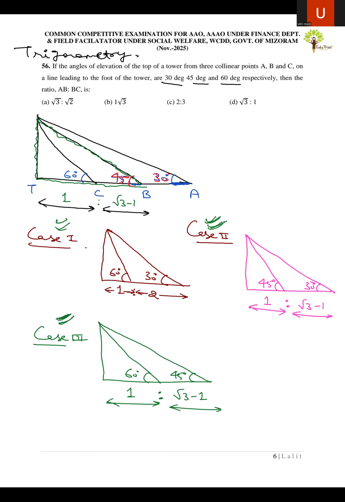So I can say that this one is 1, this complete is 1, and this one is root 3 minus 1. All right.